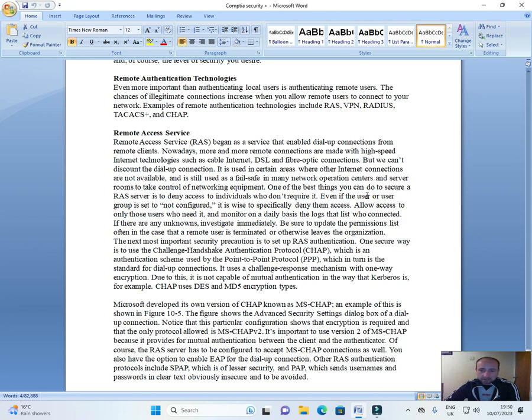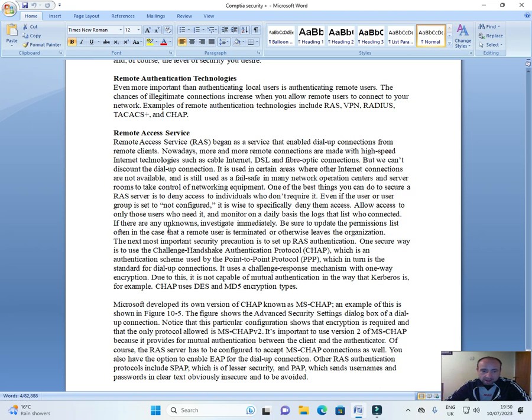One of the best things you can do to secure a RAS server is to deny access to individuals who don't require it, even if the user or user group is set to not configured. It is wise to specifically deny them access. Allow access to only those users who need it and monitor on a daily basis the logs that list who connected.